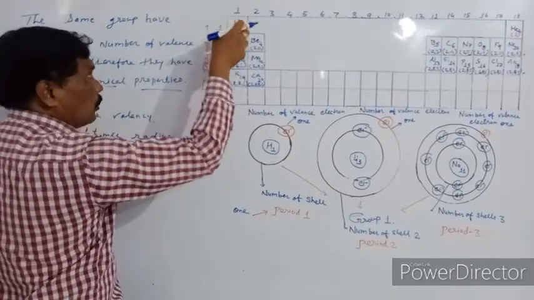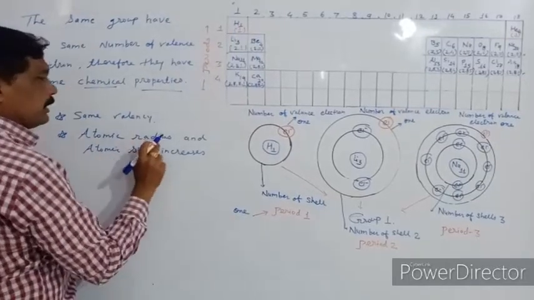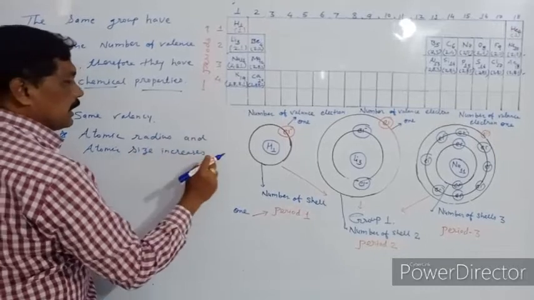As we move down in a group, atomic radius and atomic size increase.